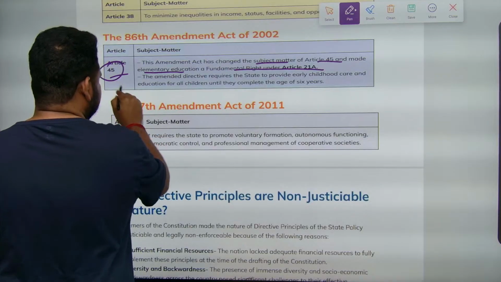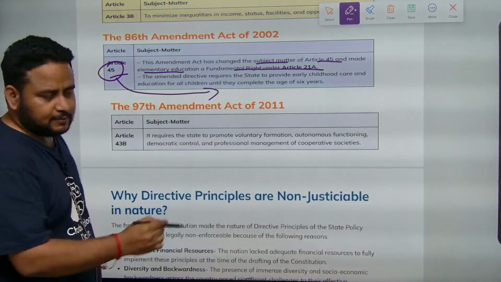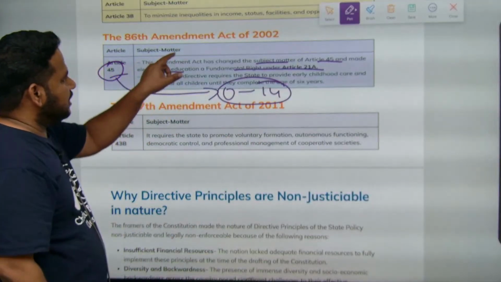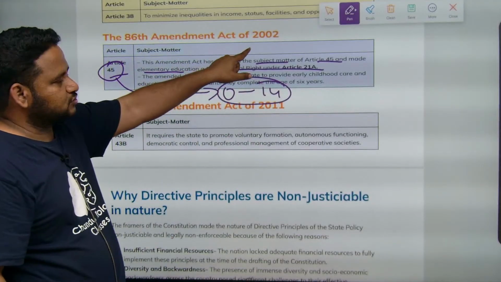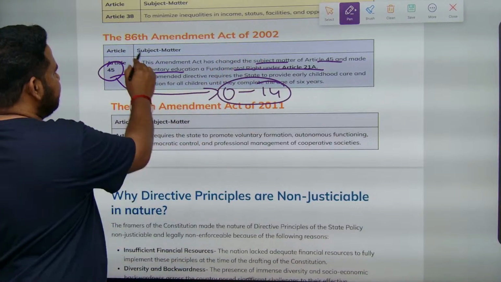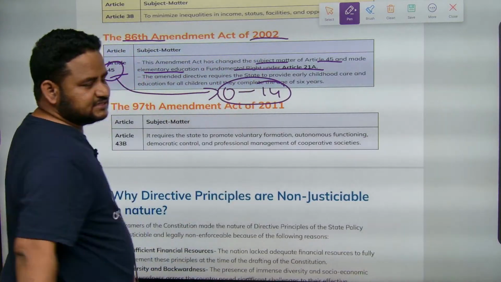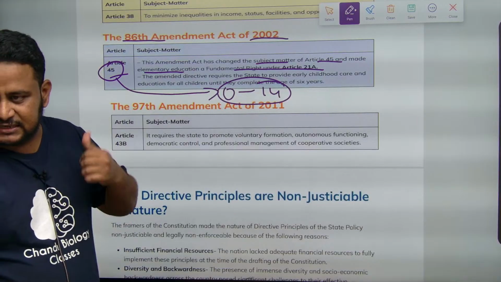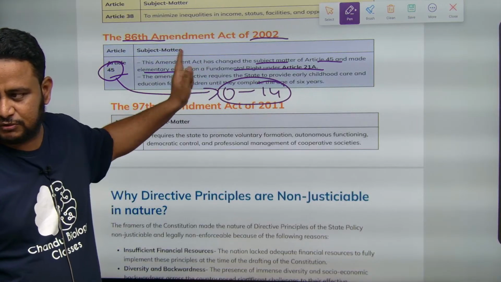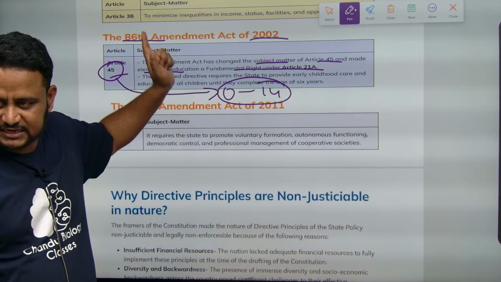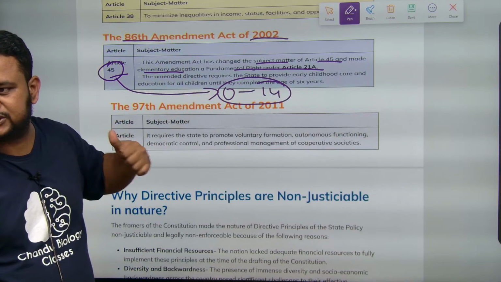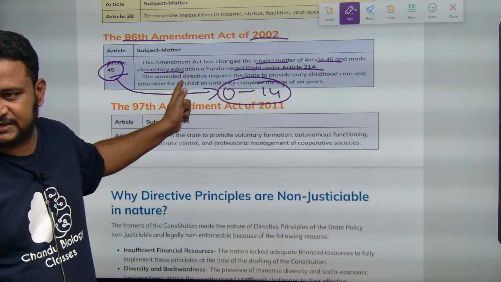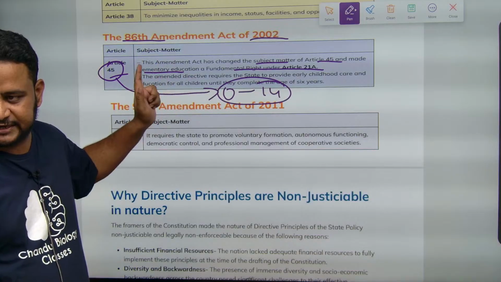The 86th Amendment Act of 2002, that is the RTE Act, the Right to Education Act. You have to remember this, very important. This is highly important because it is talking about education.